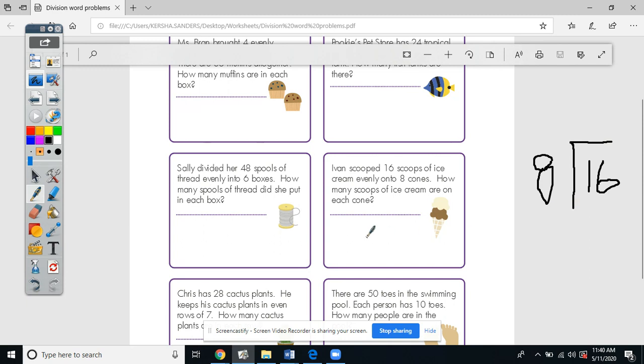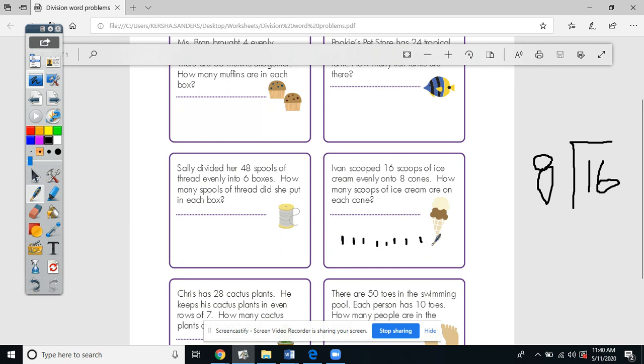Okay, so imagine, let's say 1, 2, 3, 4, 5, 6, 7, 8. Let those little lines here represent the cones. Imagine these are ice cream cones, just like this one.